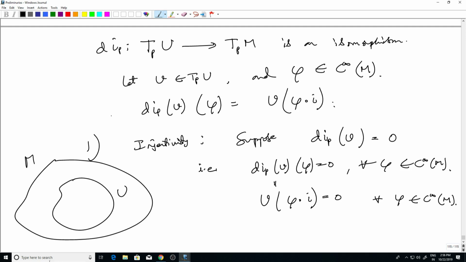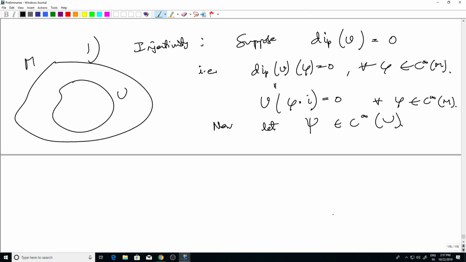But we really don't need that fact. So what we do need at this stage is that V composed with this is 0 for every C infinity function of this form.